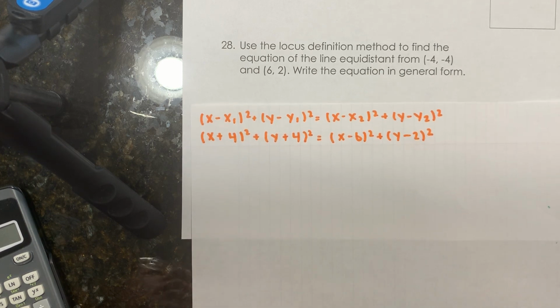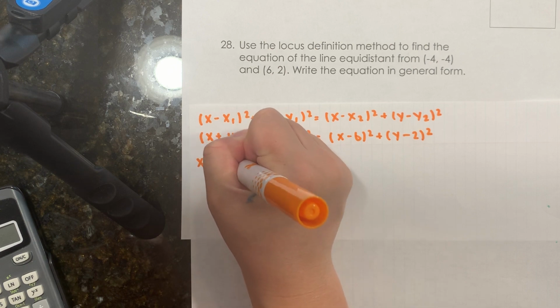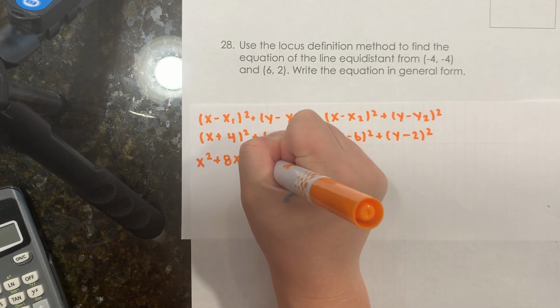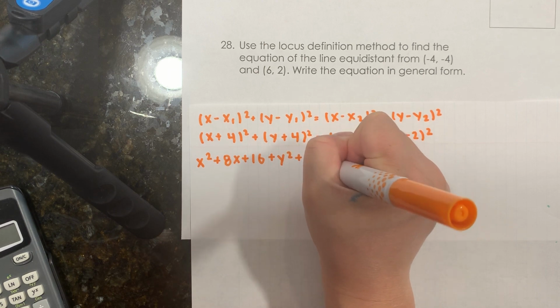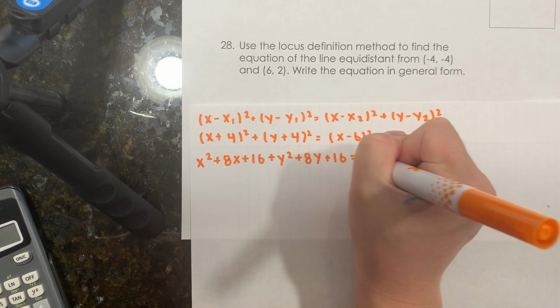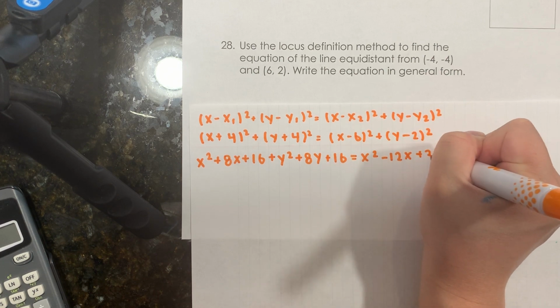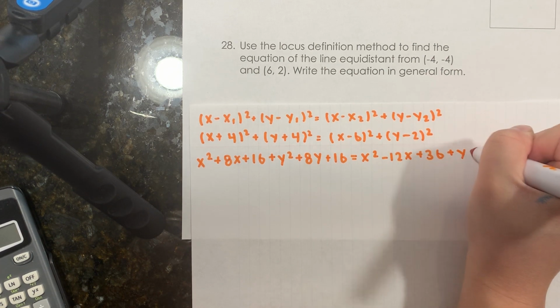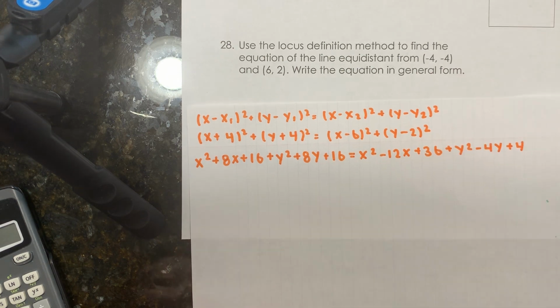You need to multiply this whole thing out. So that would give me x squared plus 8x plus 16 plus y squared plus 8y plus 16 equals x squared minus 12x plus 36 plus y squared minus 4y plus 4.